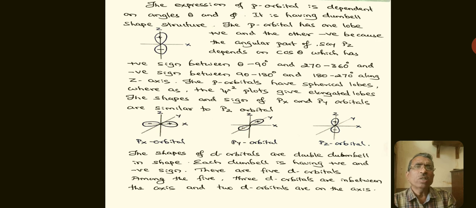The expression of p orbital is dependent on angles theta and phi. Hence, it is having a dumbbell shape structure.